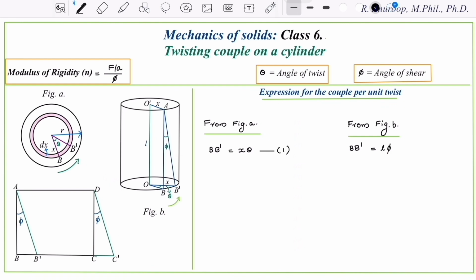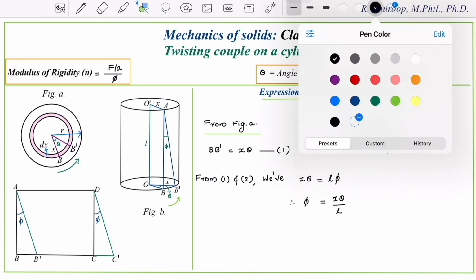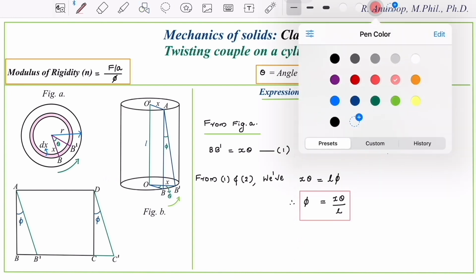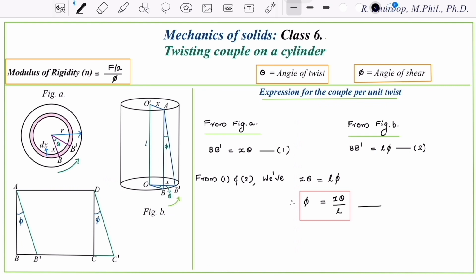Here theta is the angle of twist and phi is the angle of shear. Therefore, from 1 and 2, x theta is equal to L phi, or phi is equal to x theta divided by L. That is, the angle of shear or shearing strain is equal to x theta by L. This is our equation number 3.